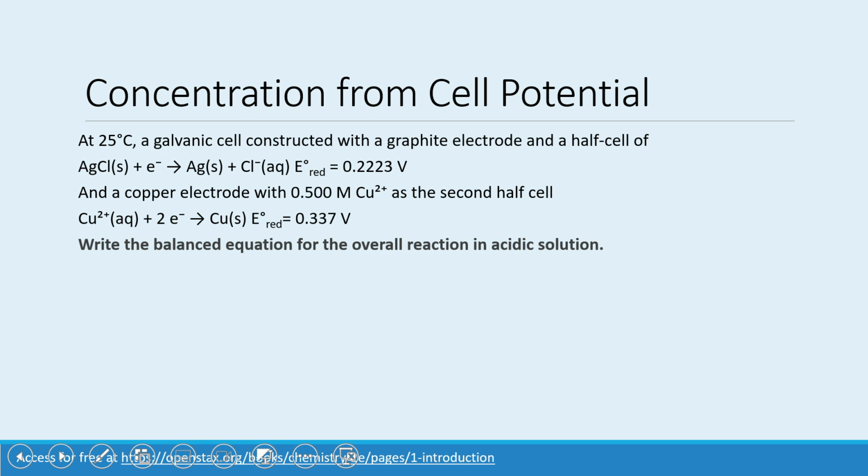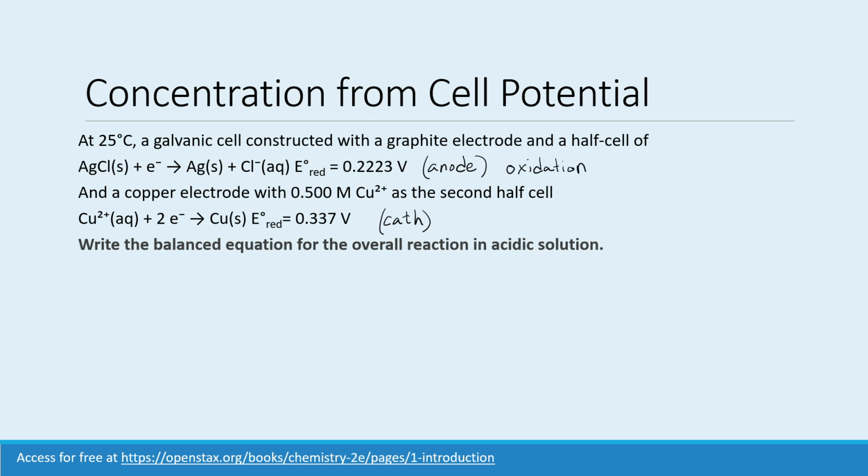Okay, the next question is asking us to write the balanced equation for the overall reaction in acidic solution. Okay, so we are going to take the two half reactions that we've got, and we already determined that the cathode was the copper and the anode was the silver. And so we're going to have to flip the reaction for the anode, right?